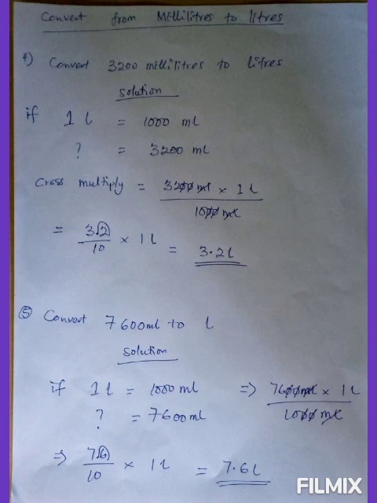Now, milliliter will cancel milliliter. 0 will cancel 0. 0 will cancel one 0. You'll be left with 76 over 10 times 1 liter. How many zeros? It's only one 0. So you move one time, which will give you 7.6 liters.